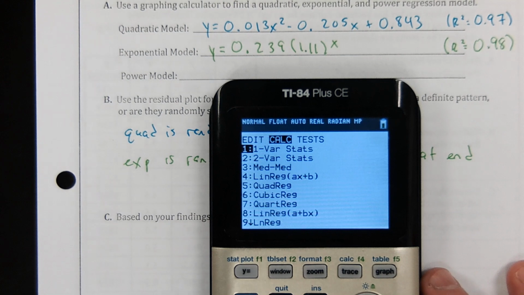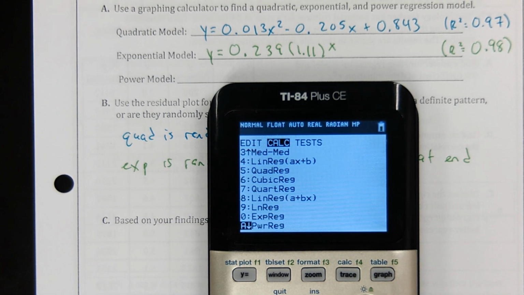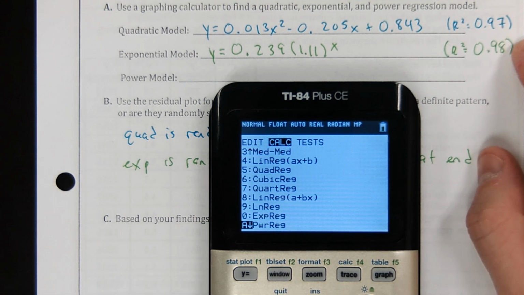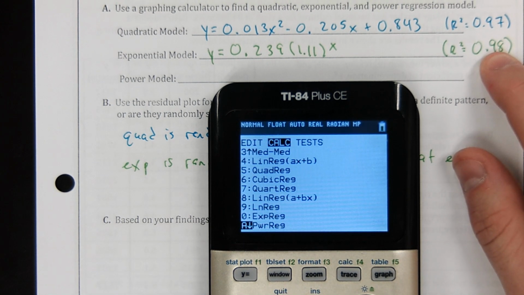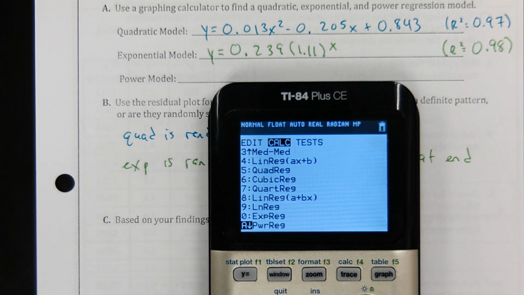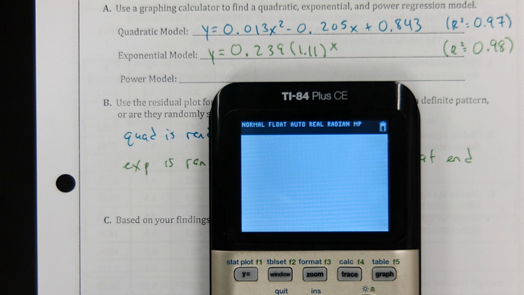Stat, calc, power model is the next one down from exponential. So it's just a power regression. And maybe you'll notice why that might be why R squared is not part of AP's curriculum. Because even though this is a better R squared, I feel like this was the better model. Power regression, not storing it for anything.